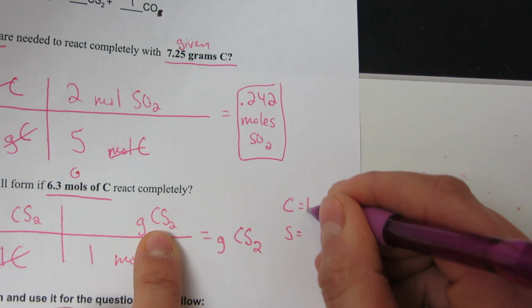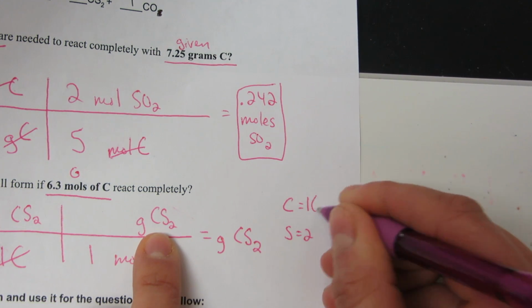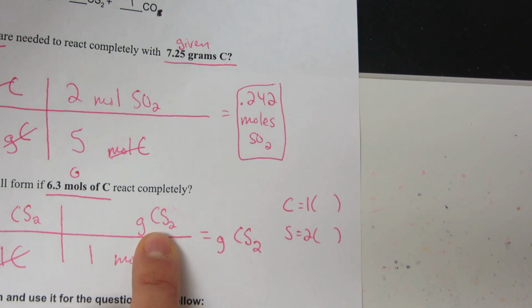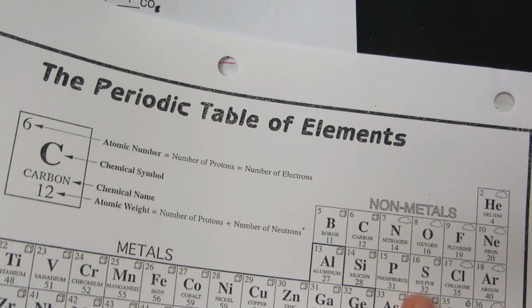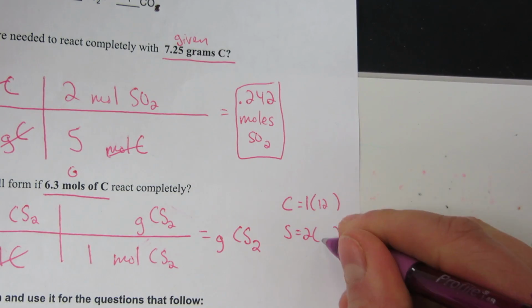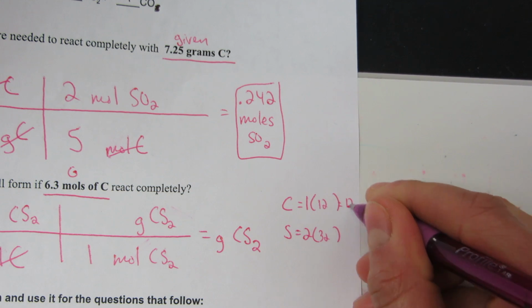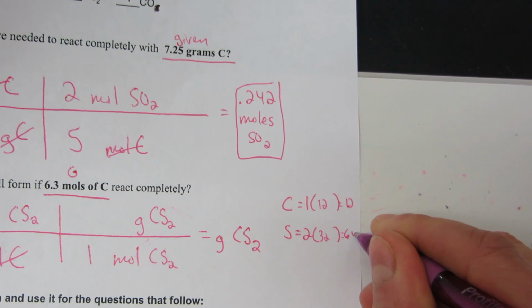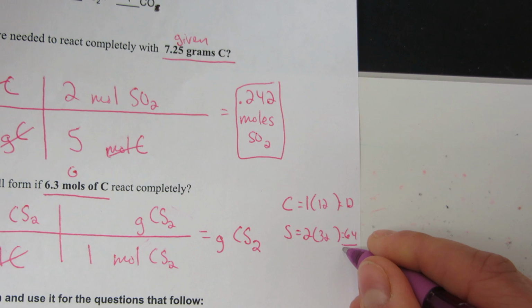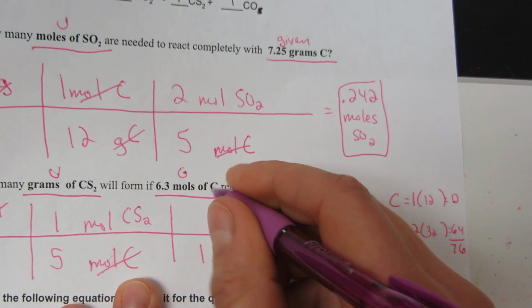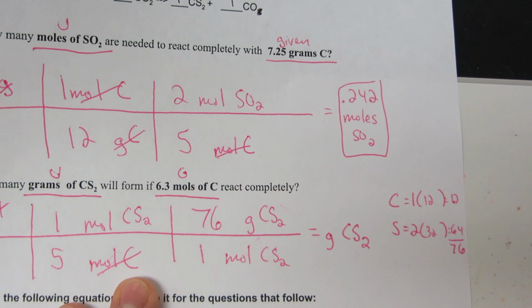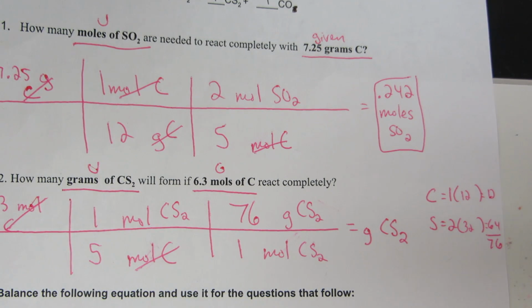I have 1 carbon and 2 sulfurs. Now we're going to get the masses off the periodic table. Carbon has a mass of 12, sulfur has a mass of 32. So 12, plus 64, that would be 76. So there are 76 grams of carbon disulfide in every mole of it.